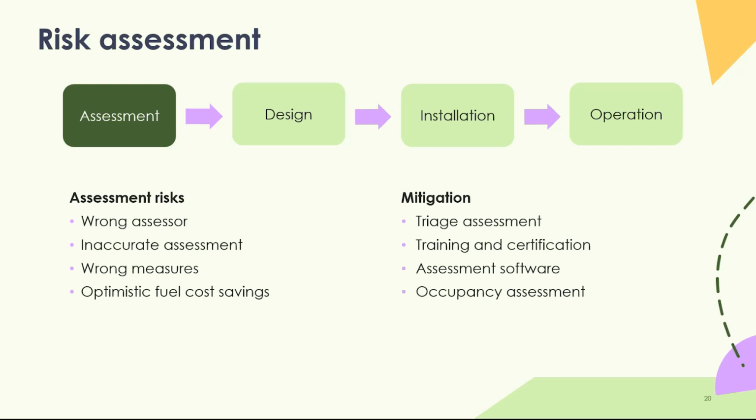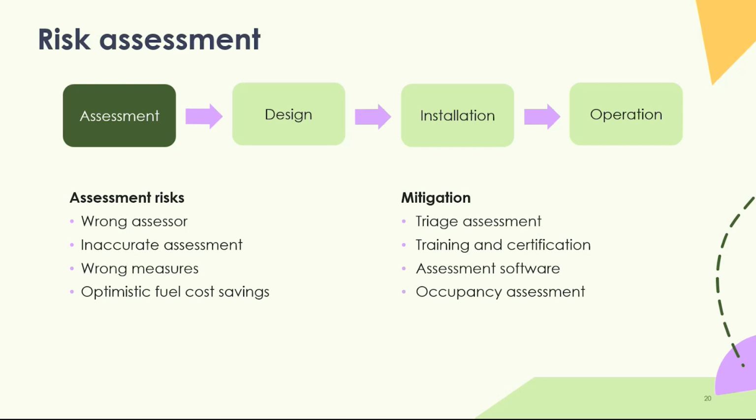So as long as you're looking at the building, deciding, okay, that's a particular type of building, we're going to have to get a particular specialist in on that, those are some of the ways in which you can reduce the risk of those wrong assessor and inaccurate assessment issues.